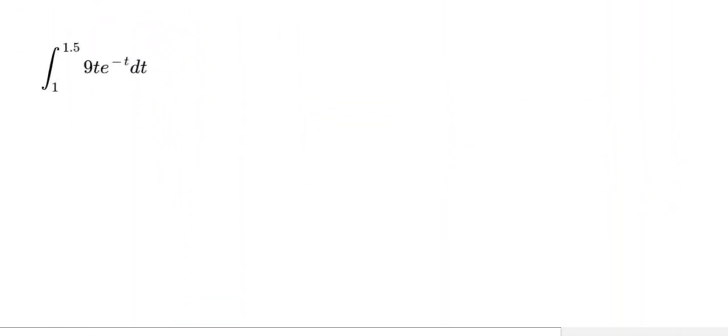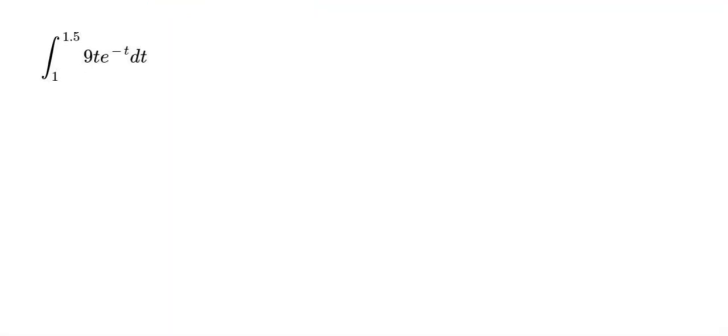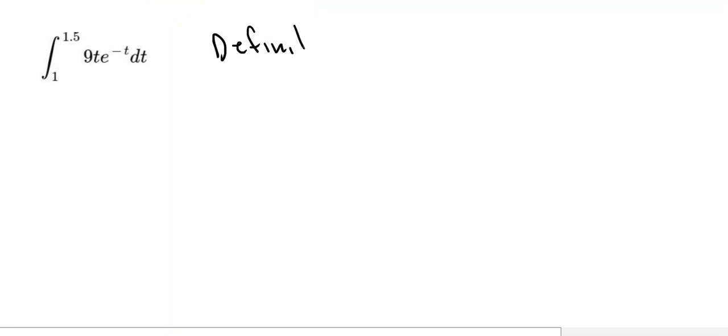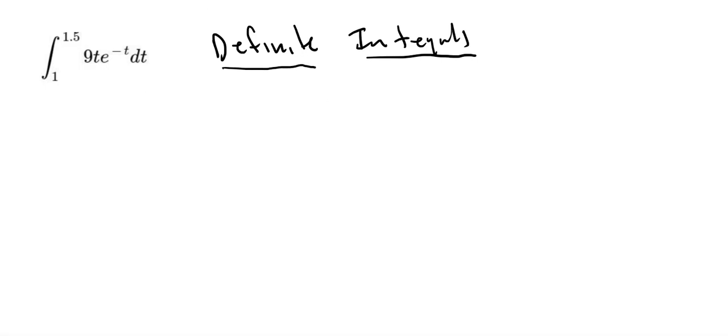Okay, the only thing different about this one is this is a definite integral. And we know how to work with definite integrals. We just have to do it first by finding the antiderivative using integration by parts. So we have an algebraic part and we have an exponential part.